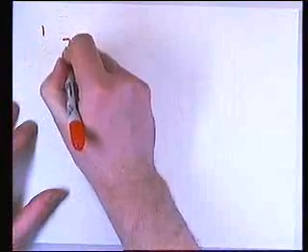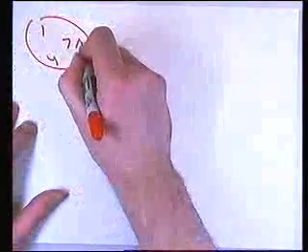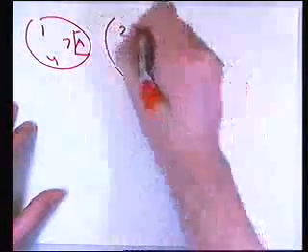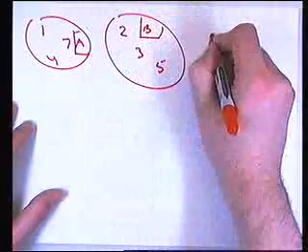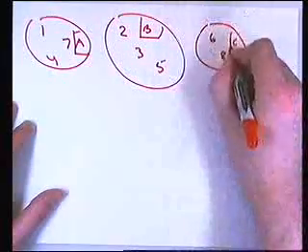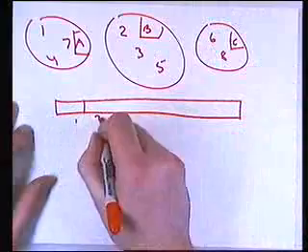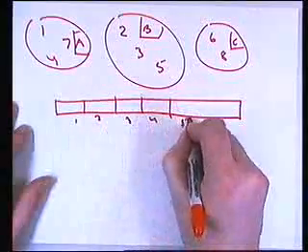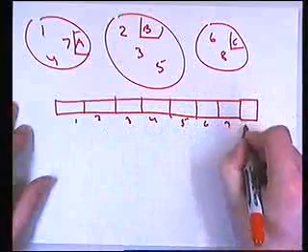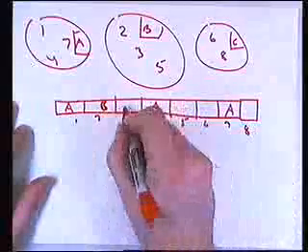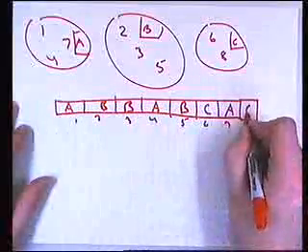So for example, if we had a situation where 1 and 7 and 4 are in set A, and 2 and 3 and 5 are in set B, and 6 and 8 are in set C, then let's set up an array with cells 1 through 8. We say 1 and 4 and 7 are in set A, and 2 and 3 and 5 are in set B, and 6 and 8 are in set C.